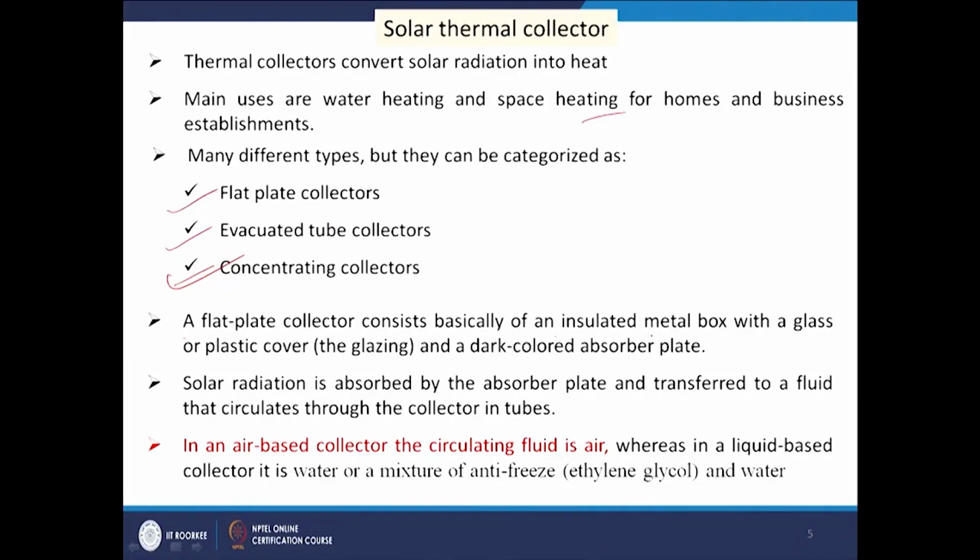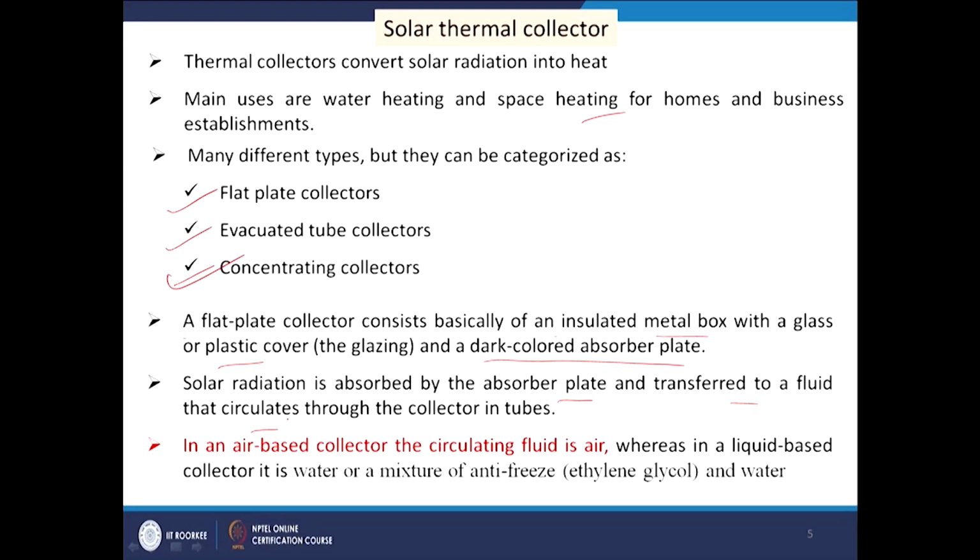A flat plate collector basically consists of an insulated metal box with a glass or plastic cover and a dark colored absorber plate. This is the construction of a flat plate collector. Solar radiation is absorbed by the absorber plate and transferred to the fluid that circulates through the collector in tubes.